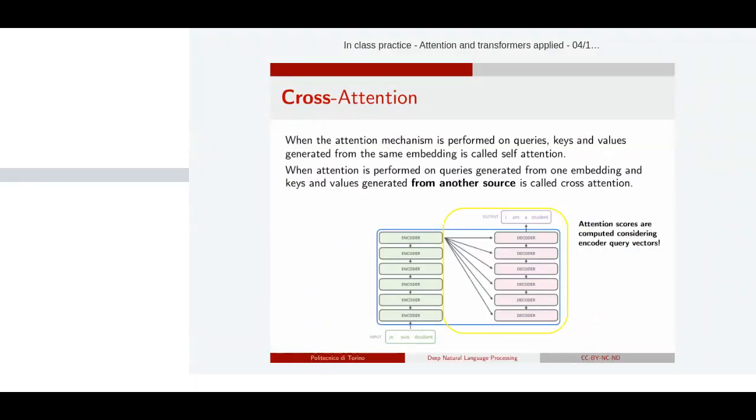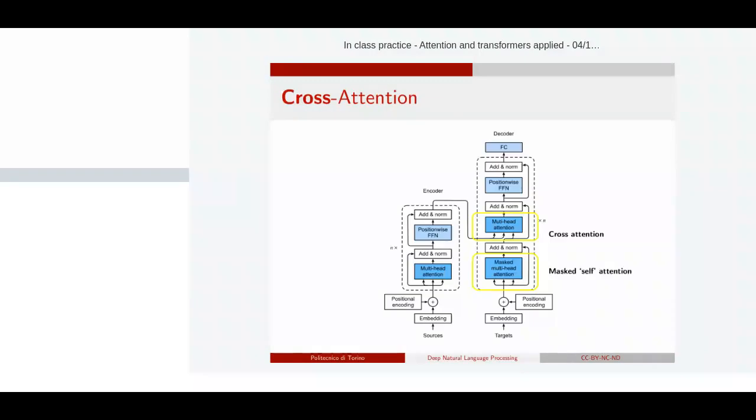Each encoder layer is composed of multiple operations. One is the multi-head attention, the attention I explained today in simplified form, since it's just what a single head does, but we can have multiple of them together.